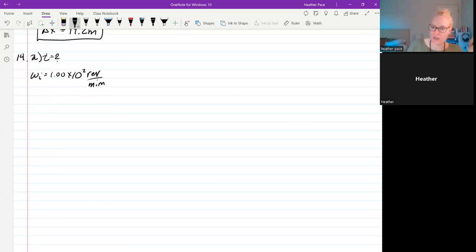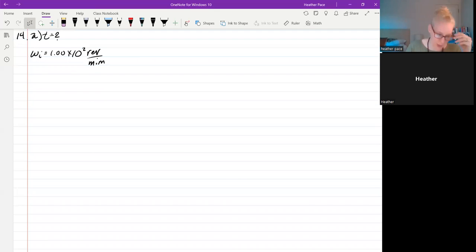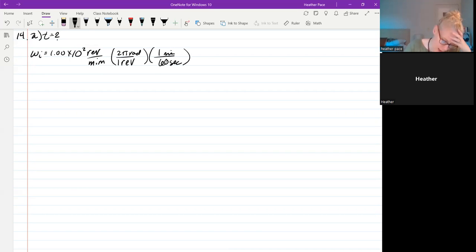We're going to go ahead and just convert that right away. 1 revolution is going to be 2 pi radians. 1 minute is going to be 60 seconds. And we get 3.33333333 pi radians per second.